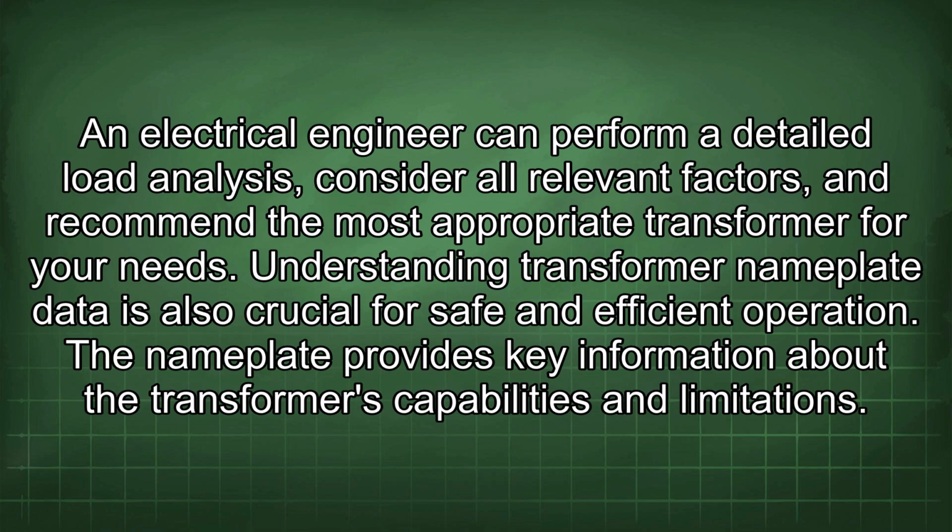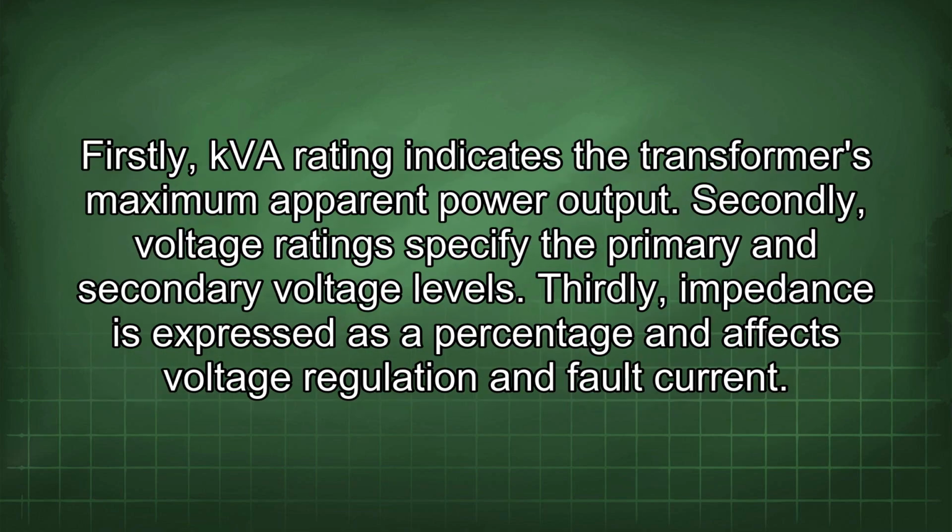The nameplate provides key information about the transformer's capabilities and limitations. Firstly, KVA rating indicates the transformer's maximum apparent power output. Secondly, voltage ratings specify the primary and secondary voltage levels. Thirdly, impedance is expressed as a percentage and affects voltage regulation and fault current.